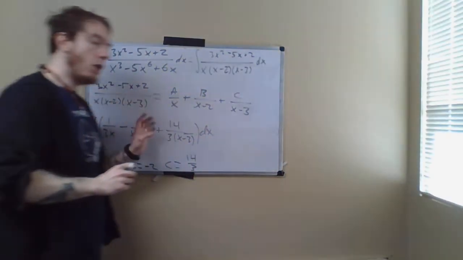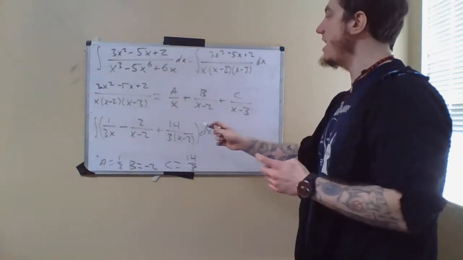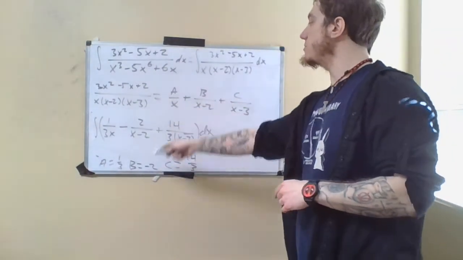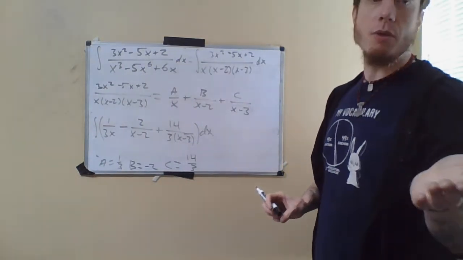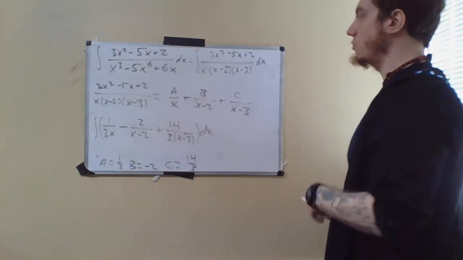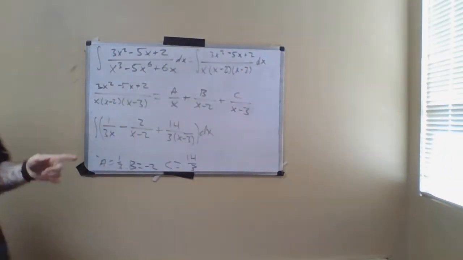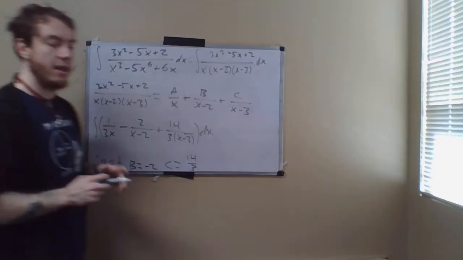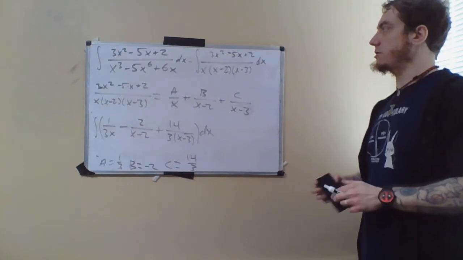And now, what we've gotten to at this point is another one of these problems where you can just go ahead and integrate each one of these terms and you get a nice logarithm. So there we go. Everything is great so far in this problem. I'll leave it to you to figure out the actual logarithms that you get. But like I said, everything at this point is a nice straightforward integral.